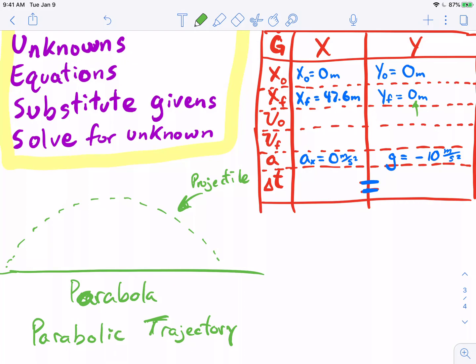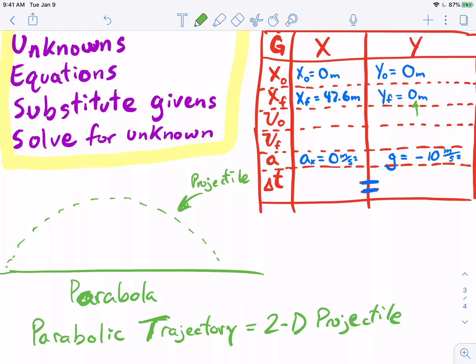And a parabolic trajectory is always going to be the shape for a two-dimensional projectile. Okay? It's always going to trace that out. And we are ignoring air resistance in these puzzles, by the way.